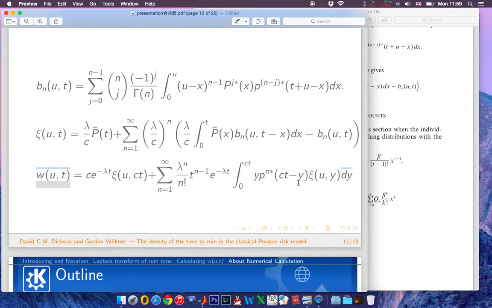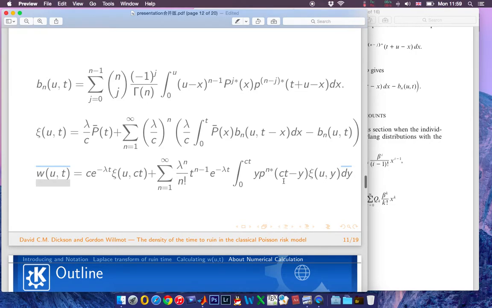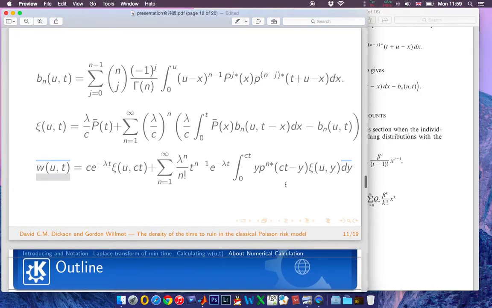You may already realize that the more intervals we choose, that is to say, the smaller the interval size, the more accurate we will be when approximating this integral.